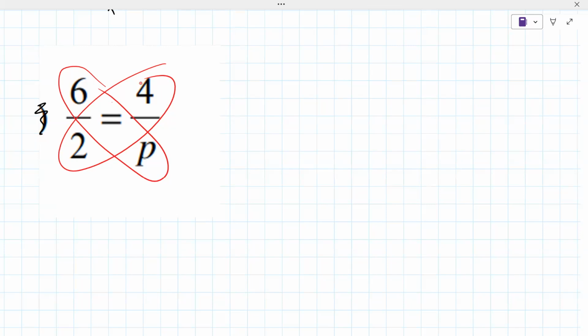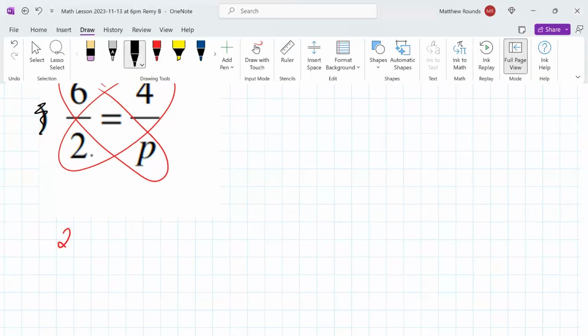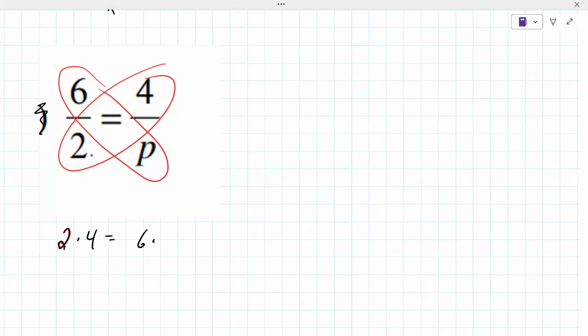And then that's 6p, and then you divide by 6, and you get it reduced: 4/3. Yeah, p is 4/3. Good.